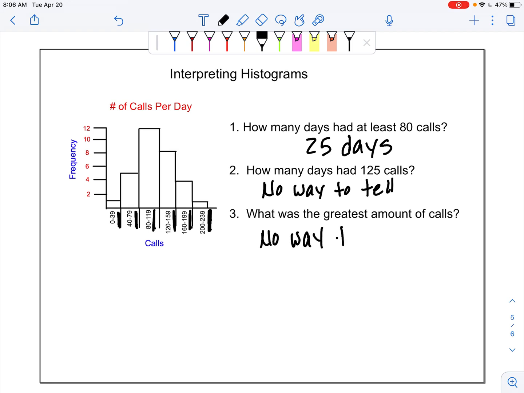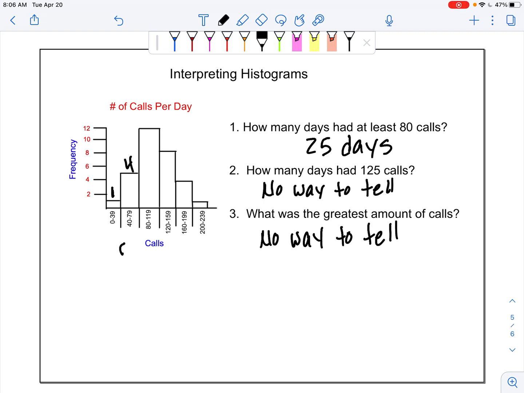So sometimes when you're interpreting these, you do have to look at more than one bar on occasion. So if the question was something like, how many days received at the most 79 calls? Well, at the most, that would be these two bars. So at the most, it would be 1 plus the 4.